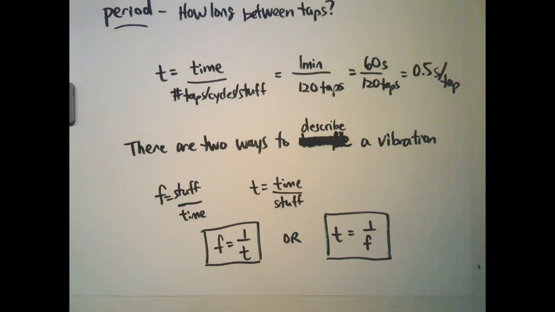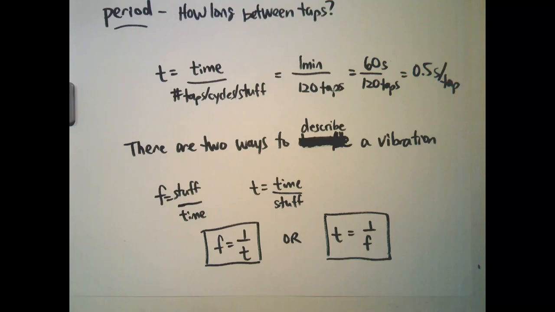Okay? So for now, we know how quickly something vibrates. Typically, in sound, we measure the vibration in frequency in hertz, all right? But once in a while, we might want to measure it in time or periods. Typically, we don't do that though. We usually stick with frequency.